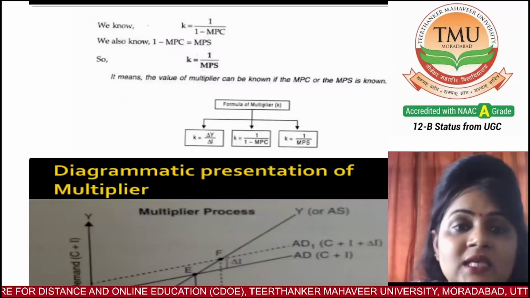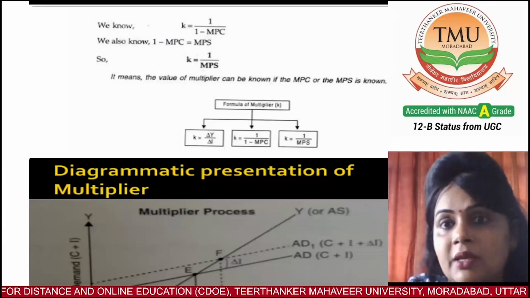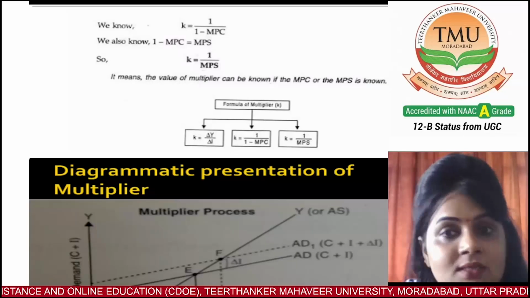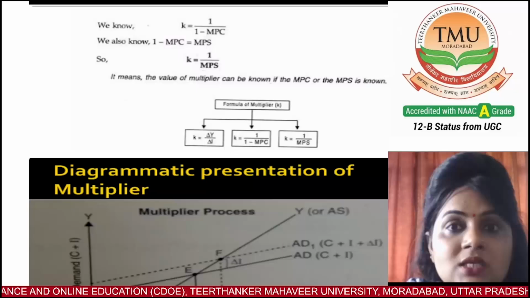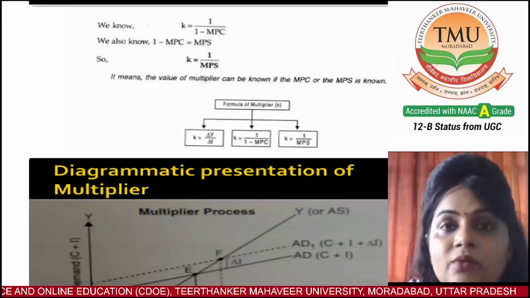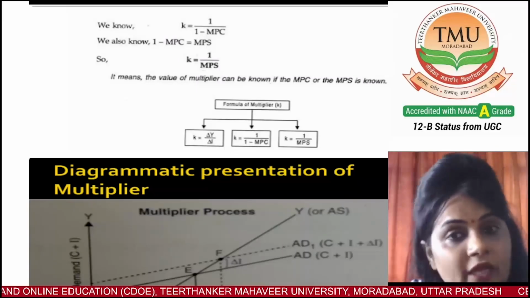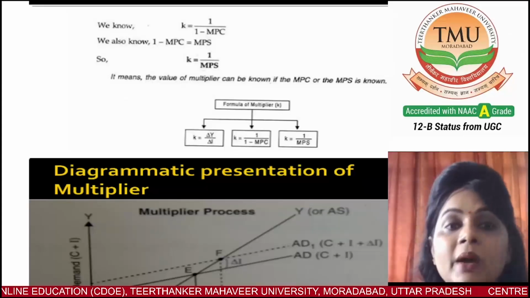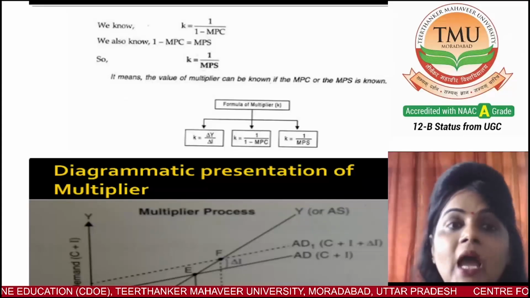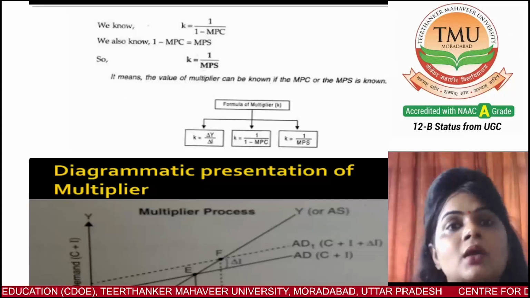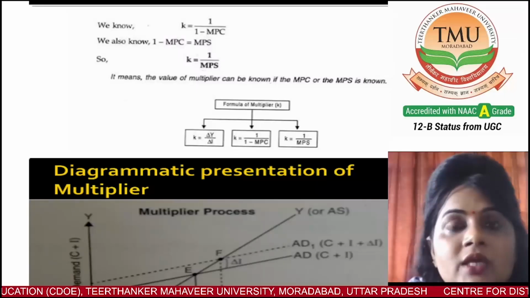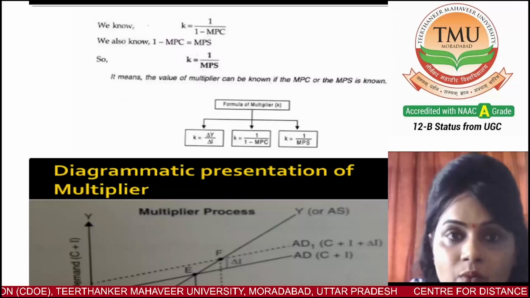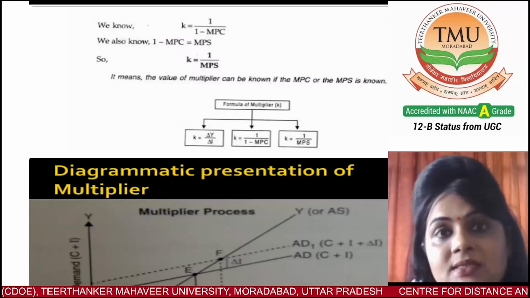Suppose MPC is 1, meaning whatever income there is, all of it is being spent. Then MPC is 1 and MPS is 0, so you do 1 upon 0, because K is equal to 1 upon 1 minus MPC. So 1 upon 0 is infinity. So we can say that the multiplier has a direct relationship with the MPC and an inverse relationship with the MPS. And we know K is equal to 1 upon 1 minus MPC, and 1 minus MPC is equal to MPS.